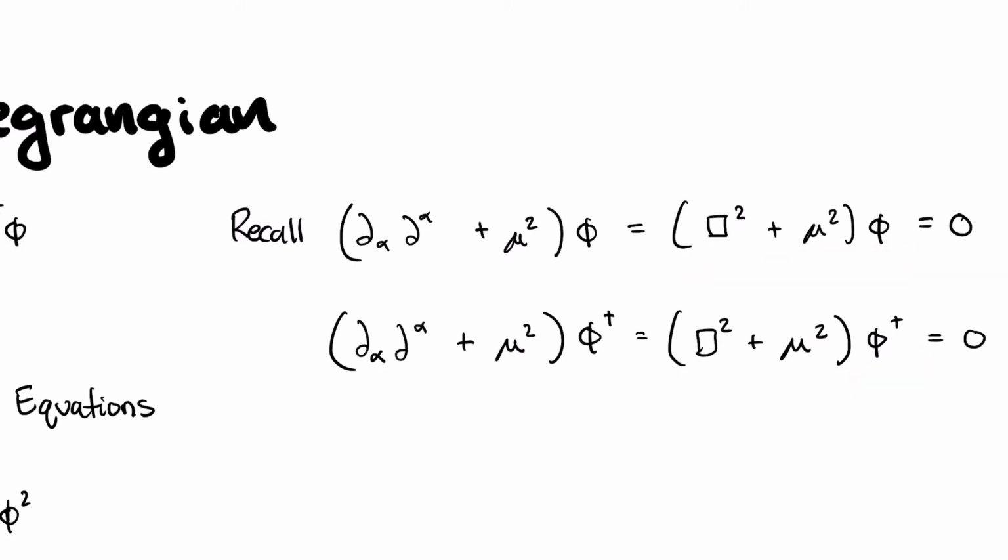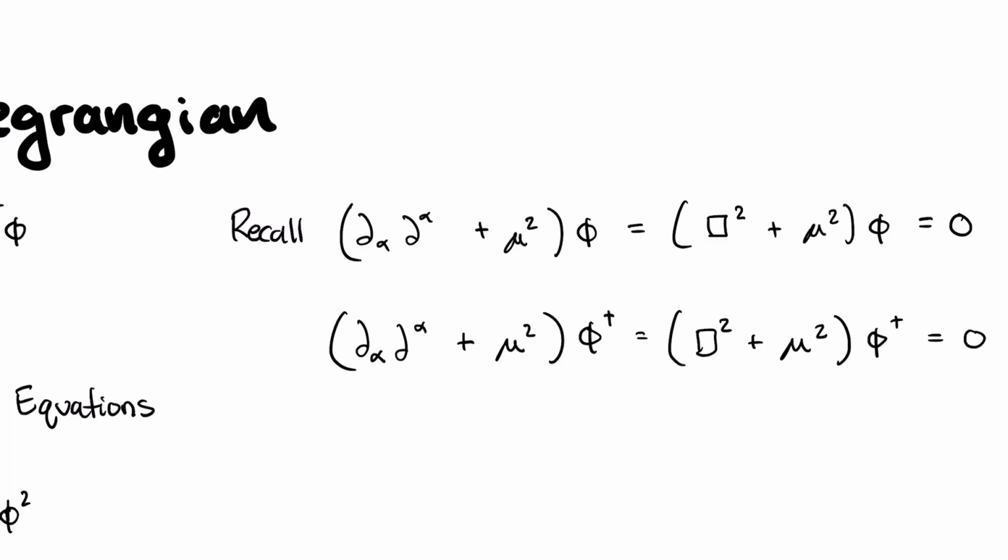So again, these guys right here, this is Klein Gordon also. This here is called the D'Alembert operator. This is a combination of the spatial derivatives and the time derivative, okay?